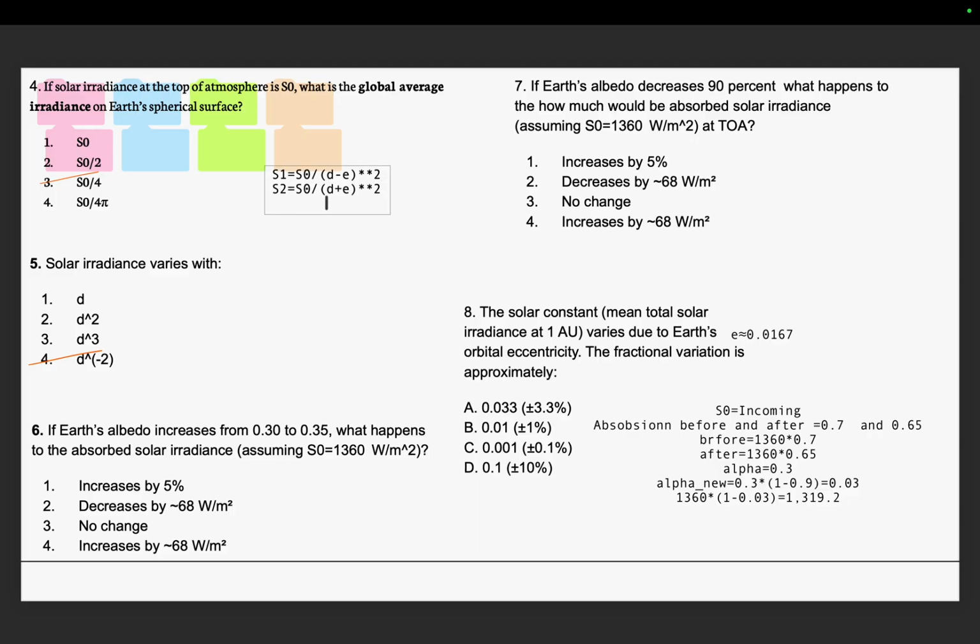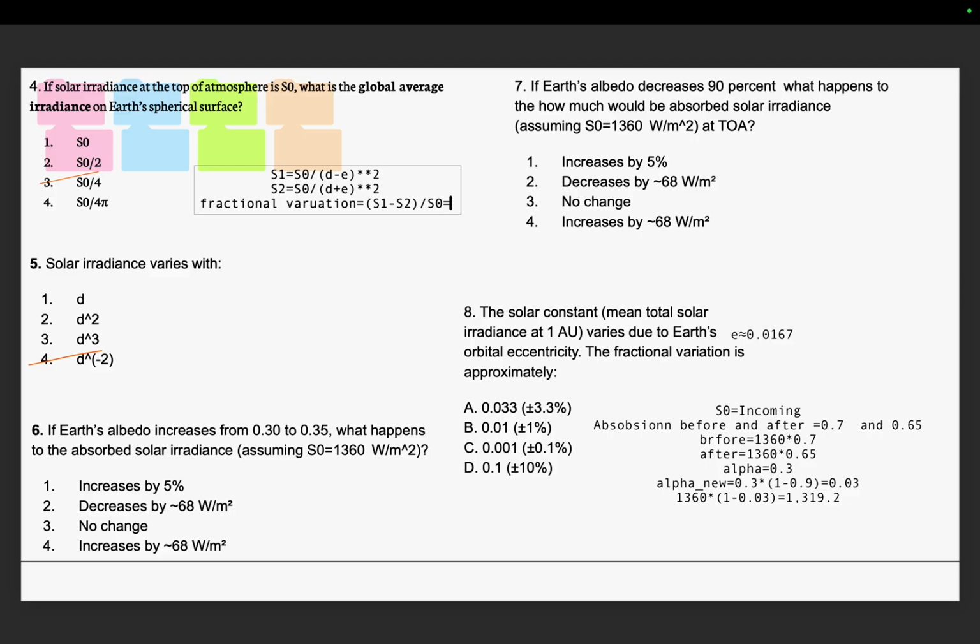Now the fractional variation can be written as S1 minus S2 by S0. S0 is lower.